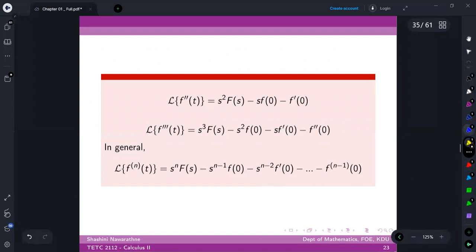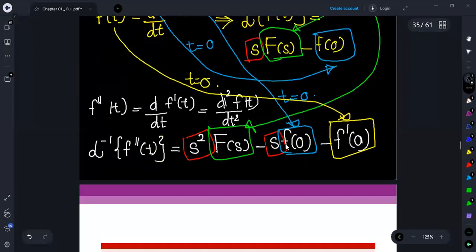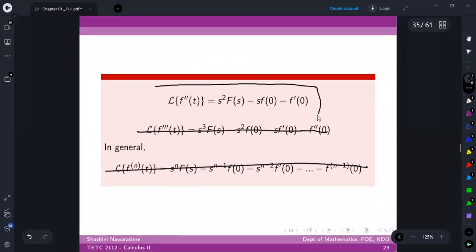Okay, you don't need to go through this statement and this statement. Just be familiar with this expression as well as this one, because when we are solving differential equations, you need to use these two cases.